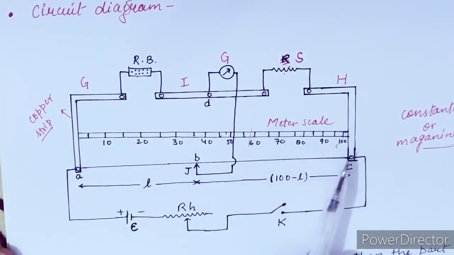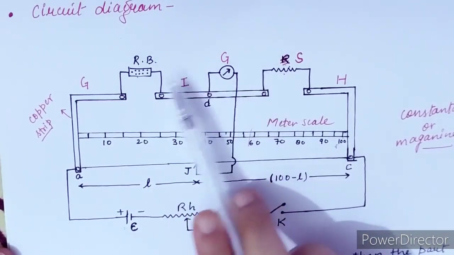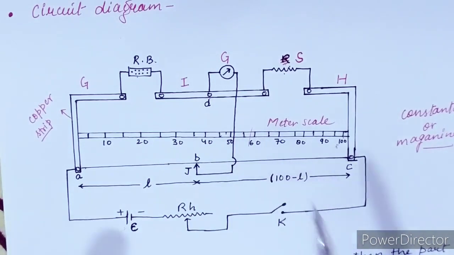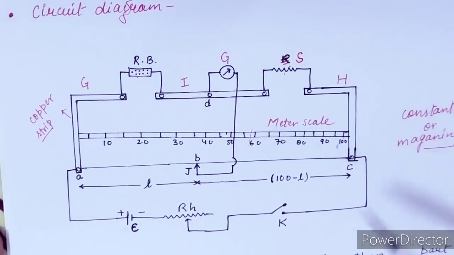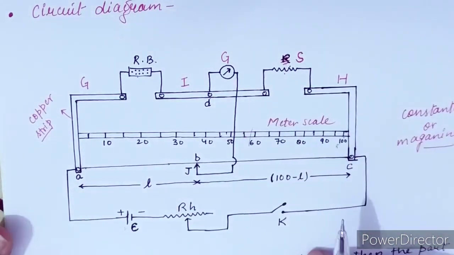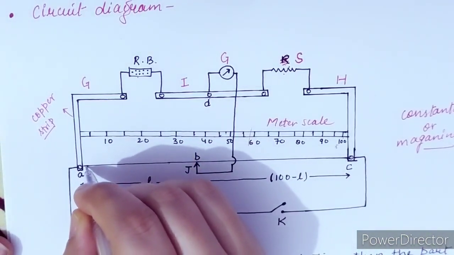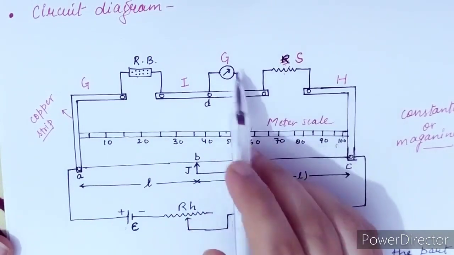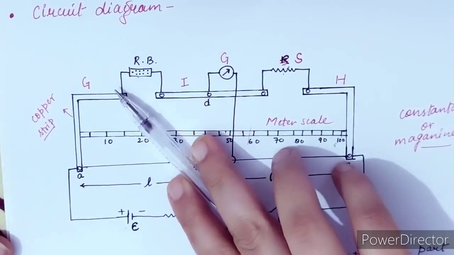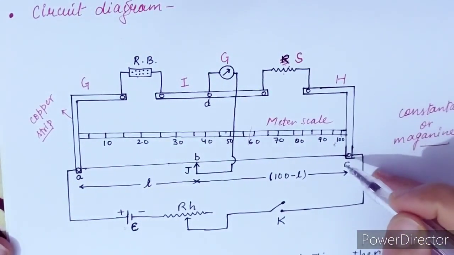If in both cases the same deflection shows in one direction, it means something is wrong in your connection. This is how you can check the connections of your circuit. Clear? So with the entire connection, first put the jockey at the end of point A, screw A. Suppose the deflection is on this side, then put the jockey on the other point.